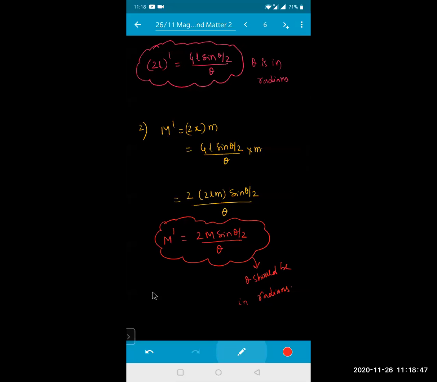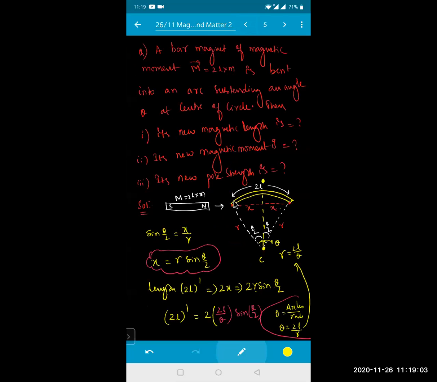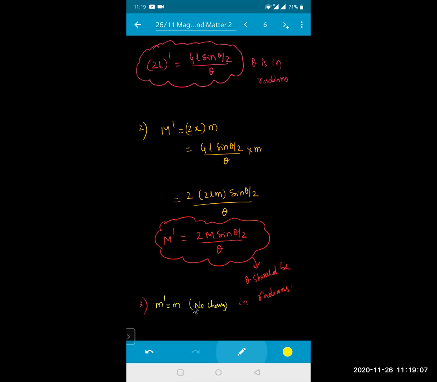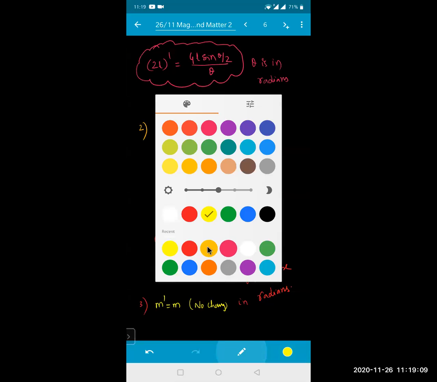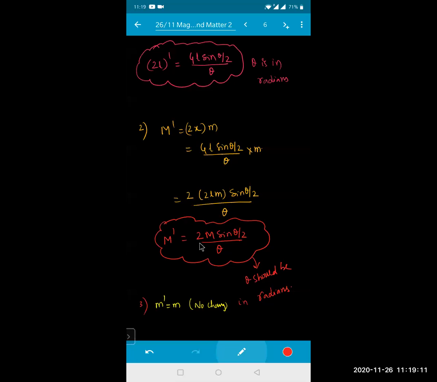Pole strength will not change. M dash is equal to M, no change, because we are not cutting the magnet, we only bent it. So small m will remain the same. There is no change in the given condition, so the pole strength will remain the same. Clear?